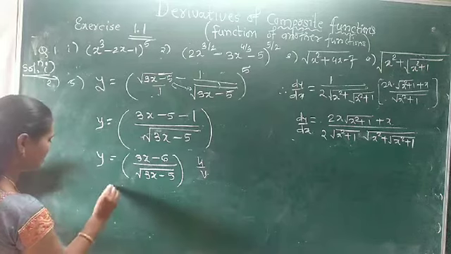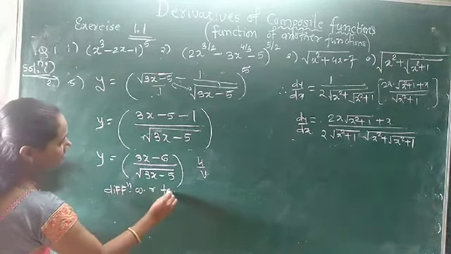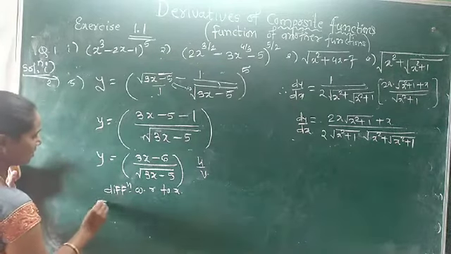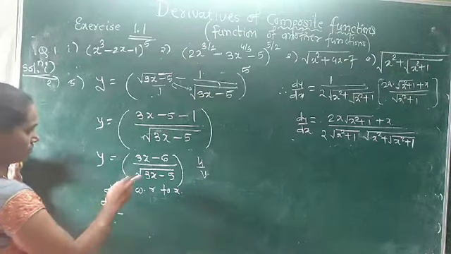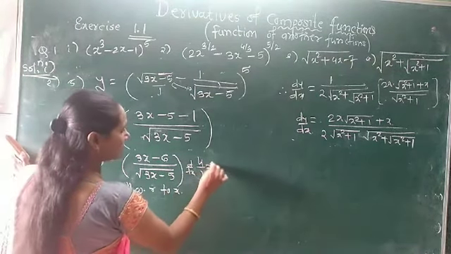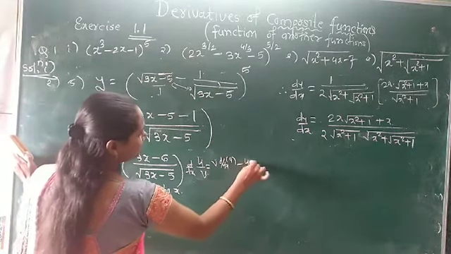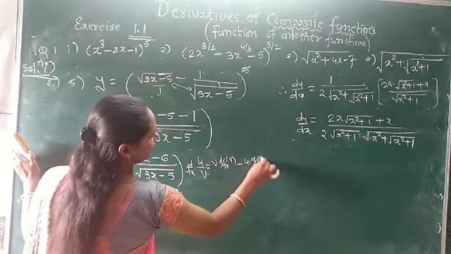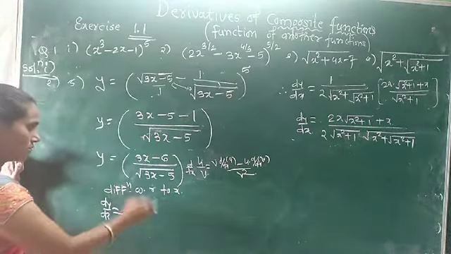So differentiate with respect to x. So dy upon dx is equal to, what is the quotient rule? Derivative of u upon v is equal to v into derivative of u minus u into derivative of v, divided by the denominator square. So use this rule here.